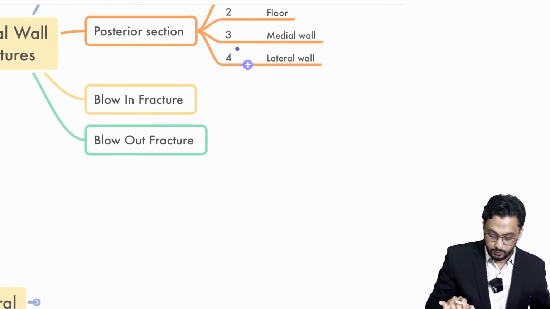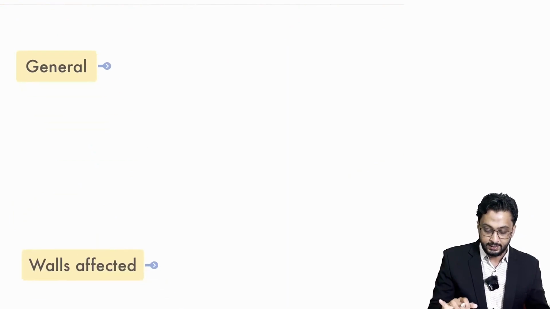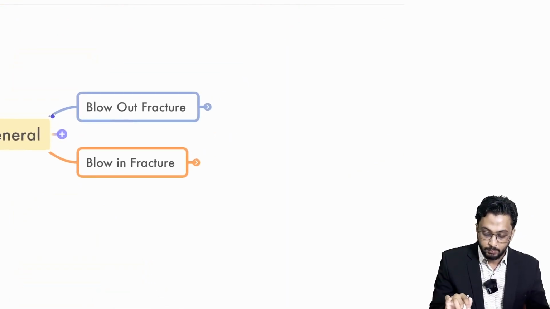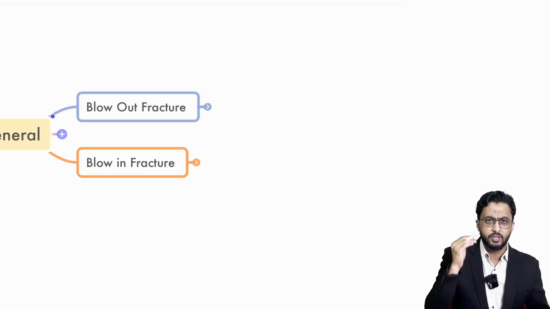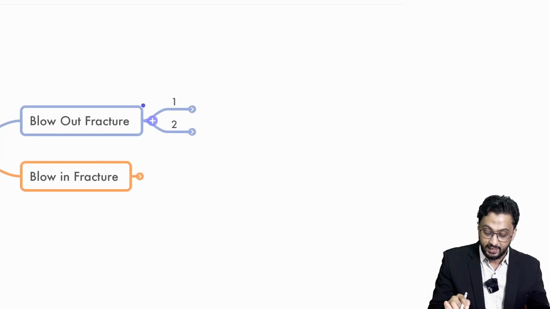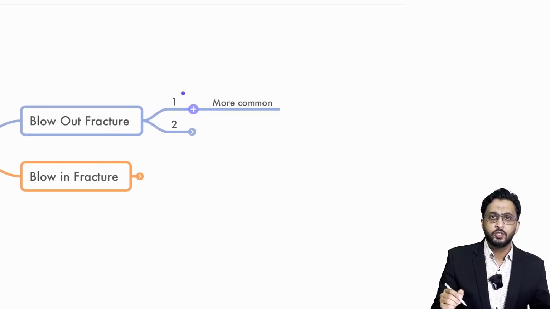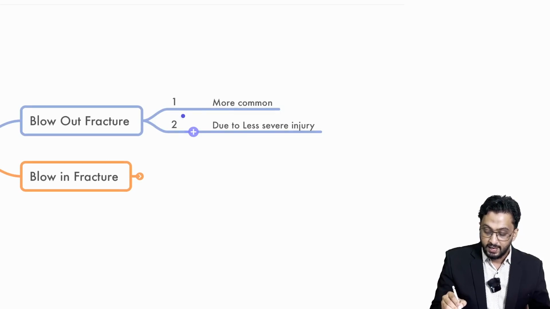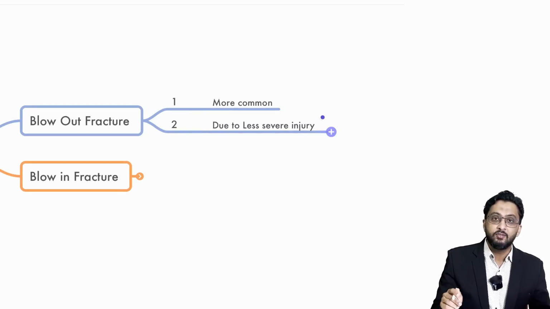Let us now discuss more details and understanding in general about the blowout and blow-in fracture. I'll be differentiating each category one by one. So in general, please note that blowout fractures are more common, and it is due to less severe injury.